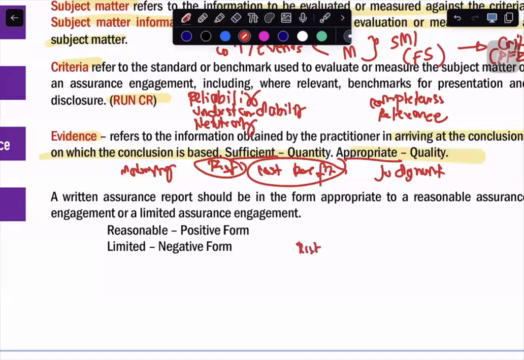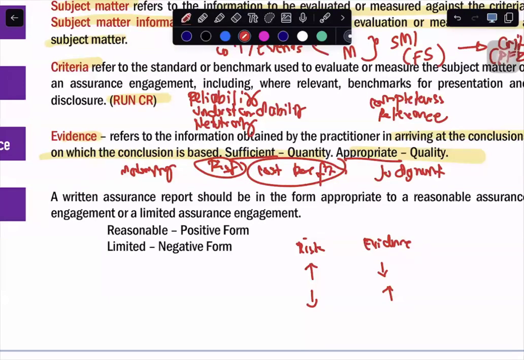If the risk is high, if you take higher risk, then your evidence could be low, konti lang. If the risk is low, then you have more audit evidence. Ganun lang naman yung relationship ng ating evidence sa risk.